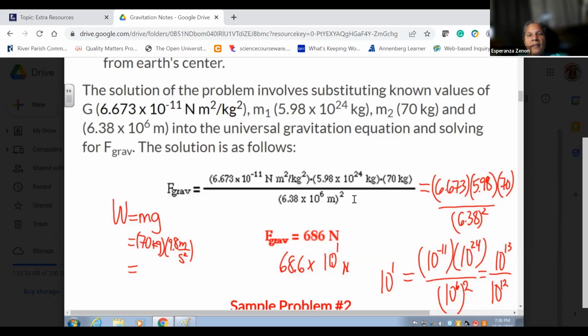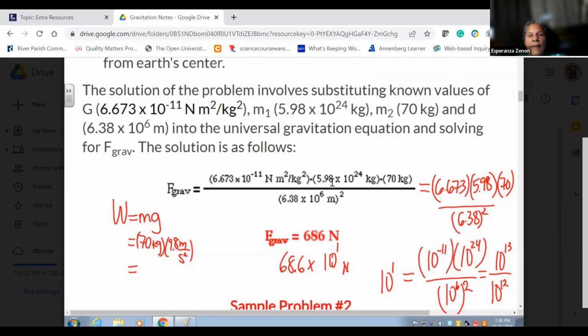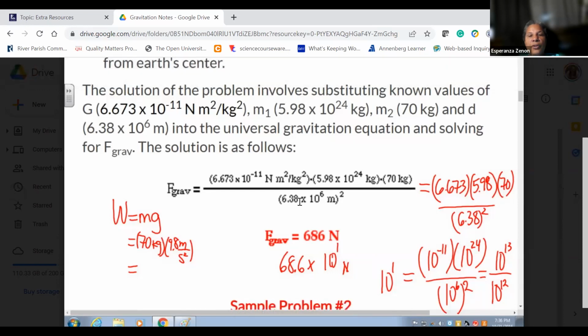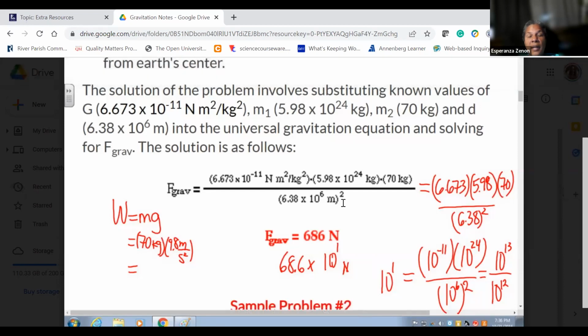Okay. So now what I do is I pull out all the numbers: 6.673, 5.98, and 70. There you go on the top here. And then I divide by the numbers on the bottom: 6.38, but it's got to get squared. Everything's getting squared here on the bottom: the number, the exponent, and the unit.